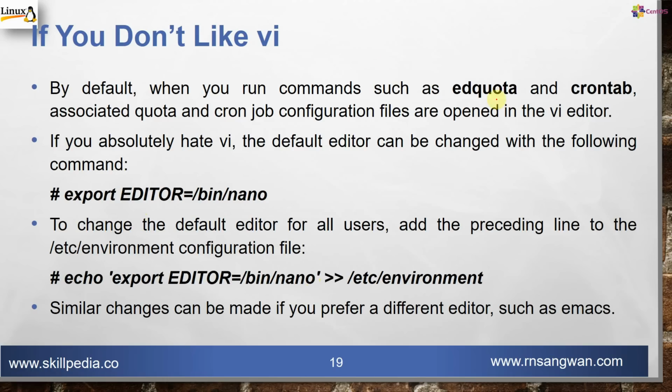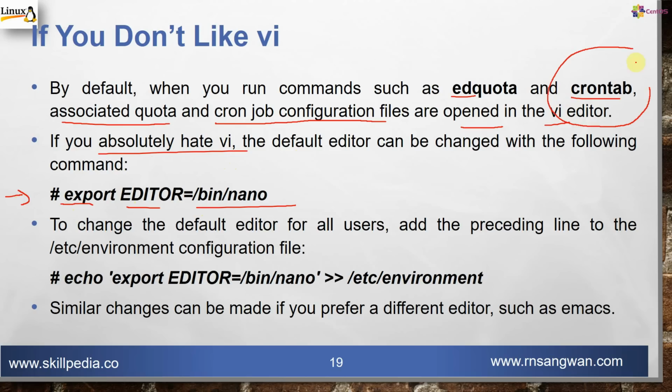By default, when you run commands such as edquota or crontab, the associated quota and cron job configuration files are opened in the vi editor. If you absolutely hate vi, you can change the default editor with export EDITOR=/bin/nano.